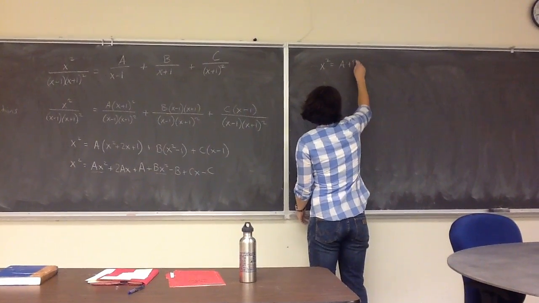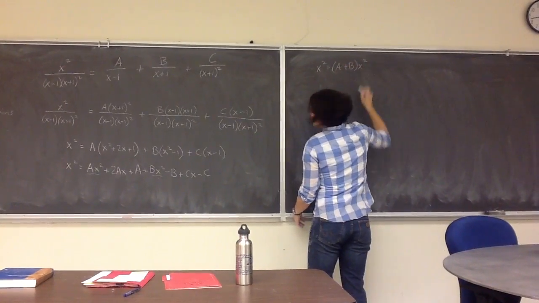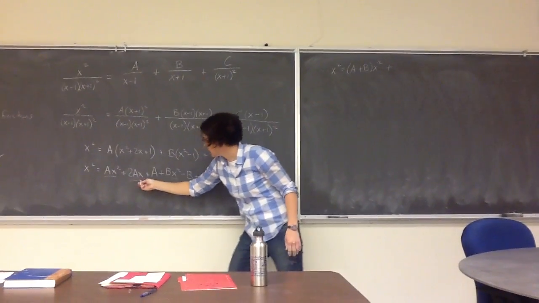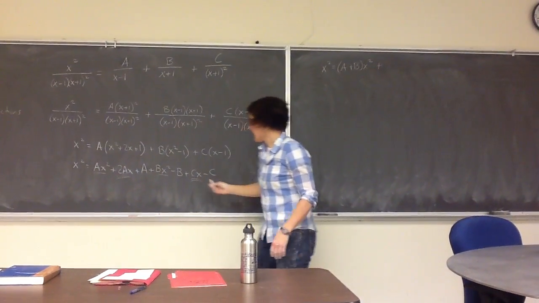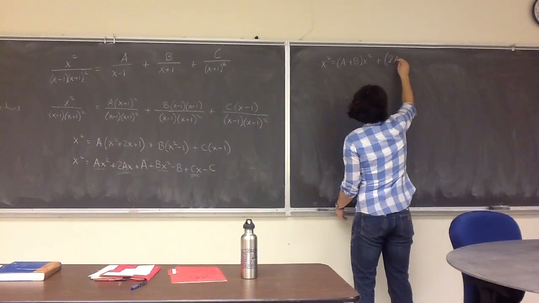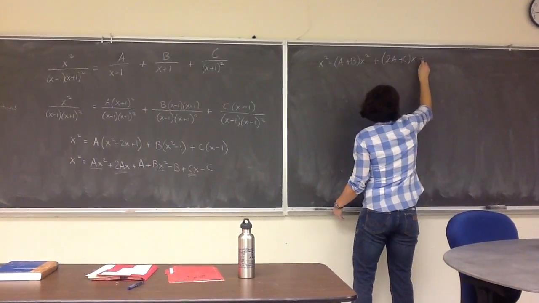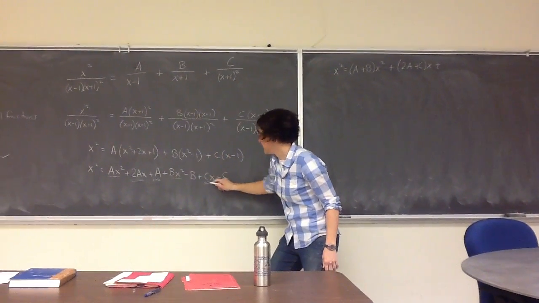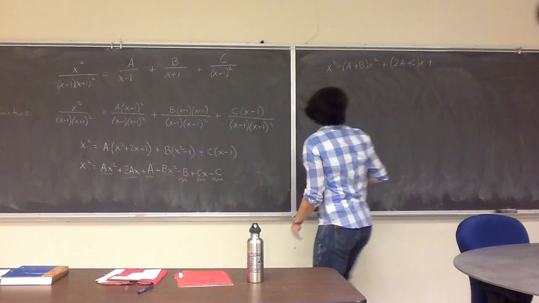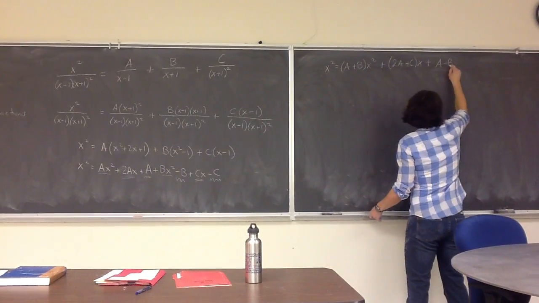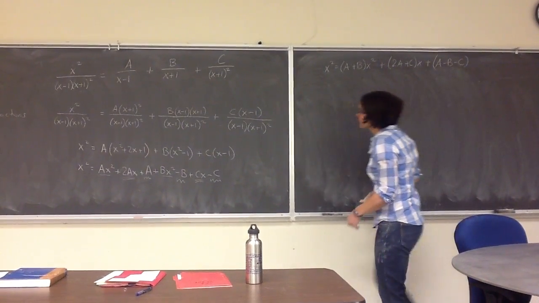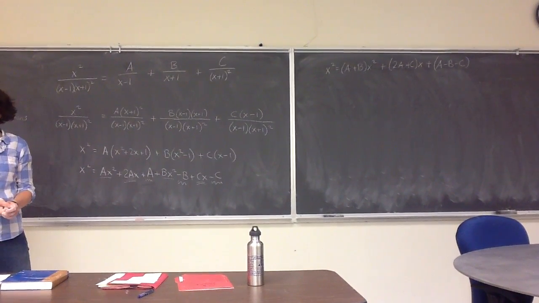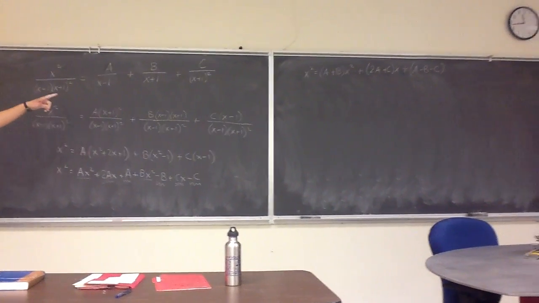I've got an a plus b times x squared. I've got a 2ax plus cx, so that is plus 2a plus c times x. And then my constant terms, a minus b minus c. All right. Any questions about setting that up right there?